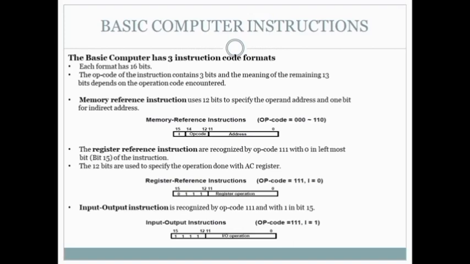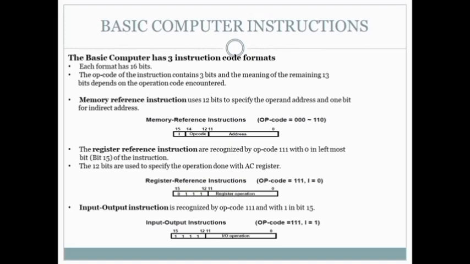Bit 15, the last, is represented with I, whereas if I is equal to 0, it indicates direct addressing, while if I is equal to 1, it indicates indirect addressing. So, the opcode of a memory reference instruction should be in the range from 000 to 110.